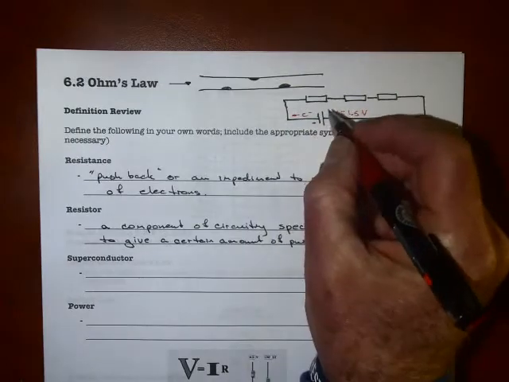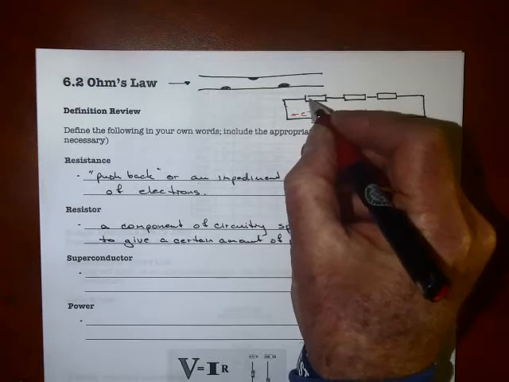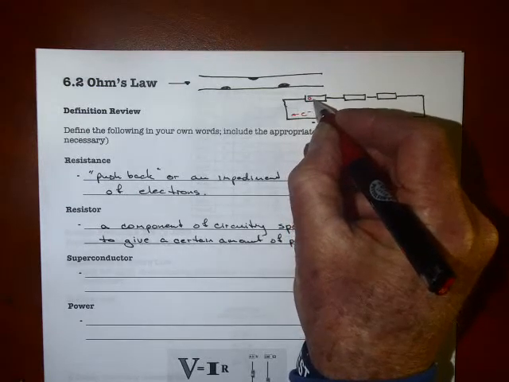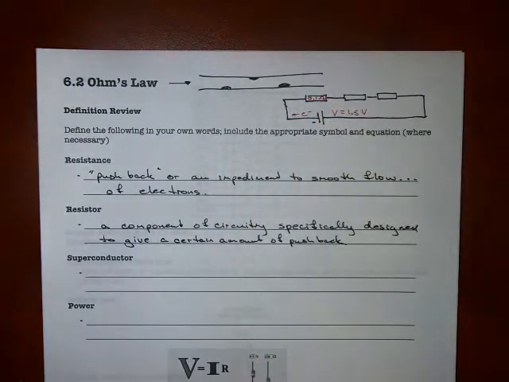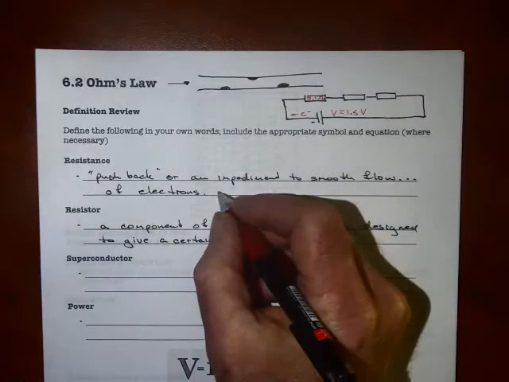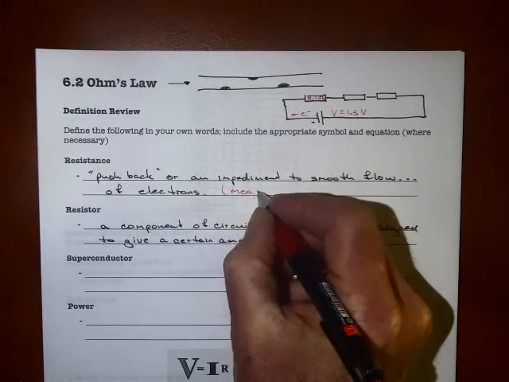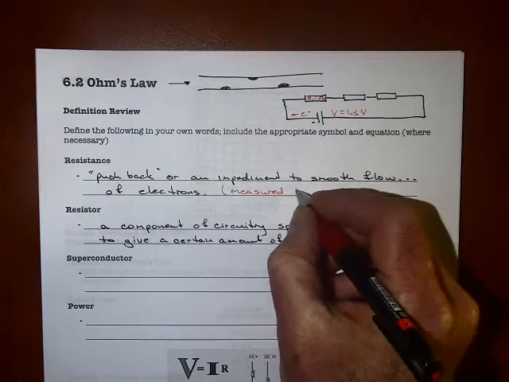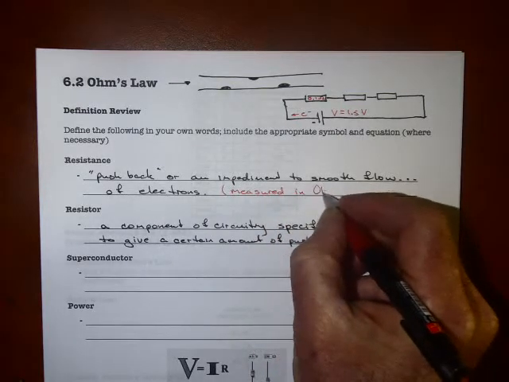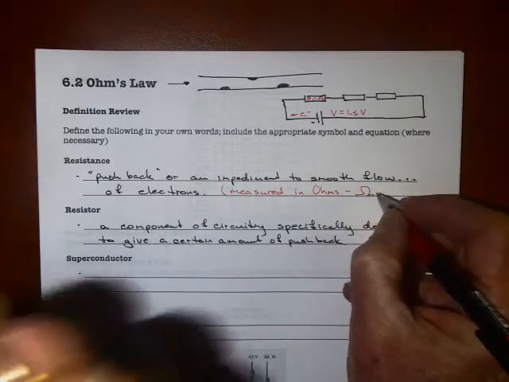Well, let's say that this resistor was specifically designed to give 0.1 ohm. Ohm is the unit of resistance. So maybe what I should do is, this is measured in ohms, and typically we use the symbol omega.